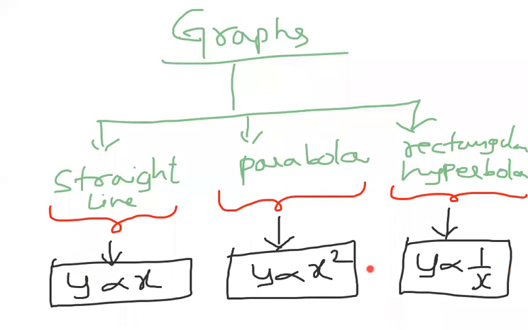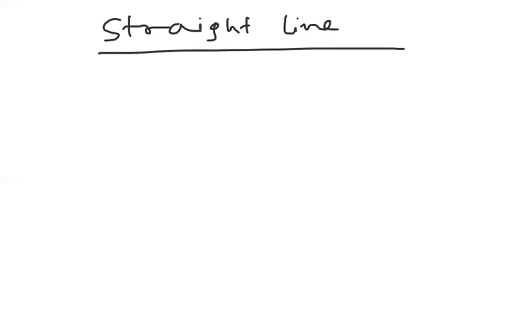So let us start our journey with the first one, the straight line graph. In straight line graphs, we again have some categories. There are four straight line equations.